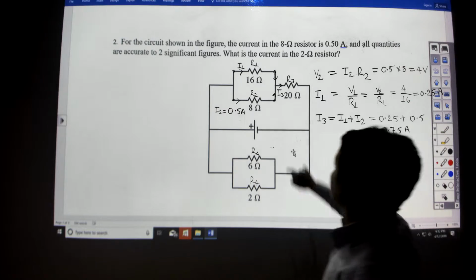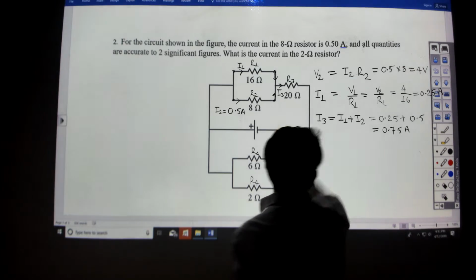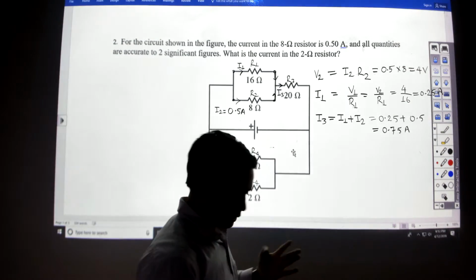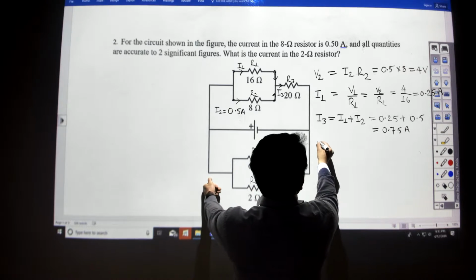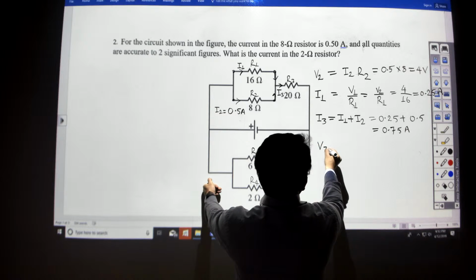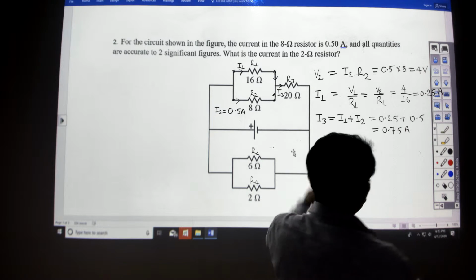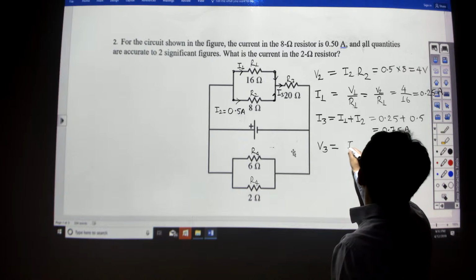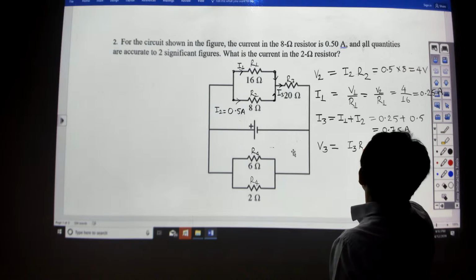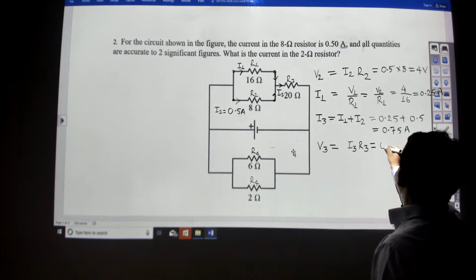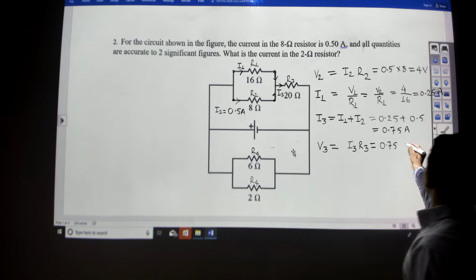And now we're going to find the potential across R3. The potential V3, if you know I and R, you can simply find using the formula, which is I3 times R3. What is I3? 0.75. And R3 is 20 ohm.